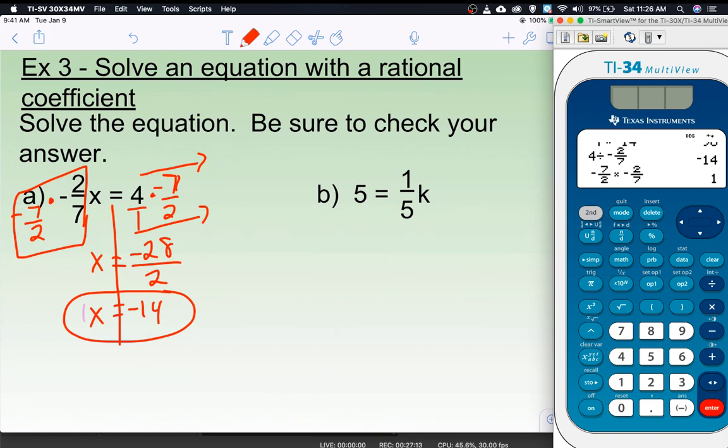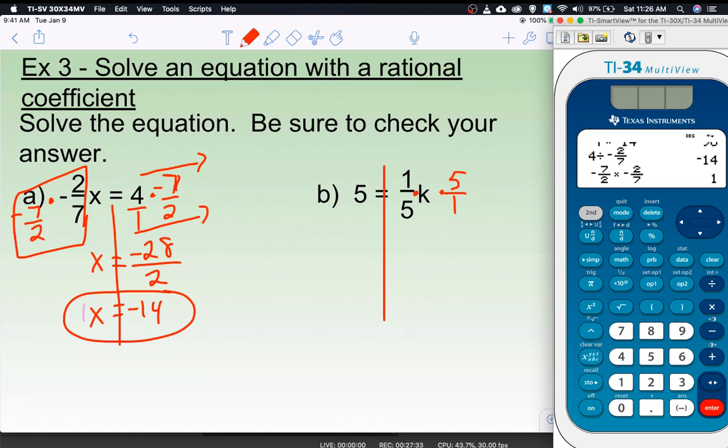Letter B. So to solve this equation, I can either divide both sides by 1/5 because this is a multiplication. If you have a calculator that can do that, divide by 1/5. If you don't have a calculator, you would multiply by the reciprocal. That's 5/1.